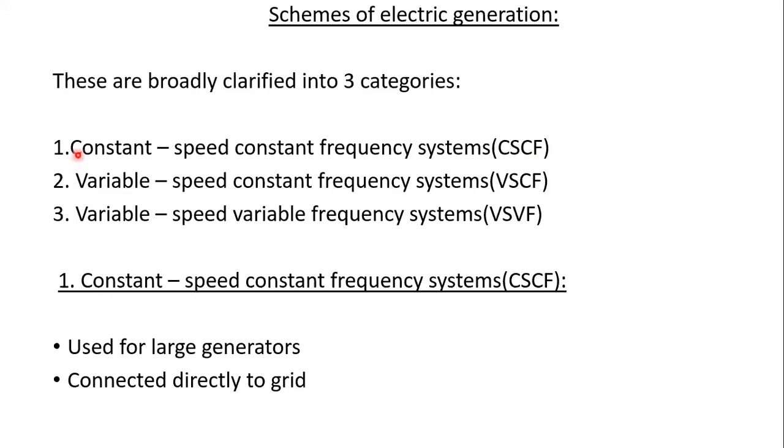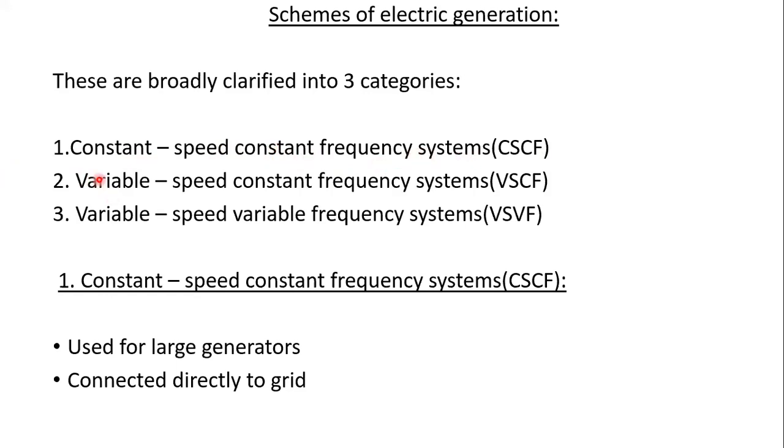Okay, so if you take constant speed, we have only one variable, constant frequency. So for constant speed, we have constant frequency systems.